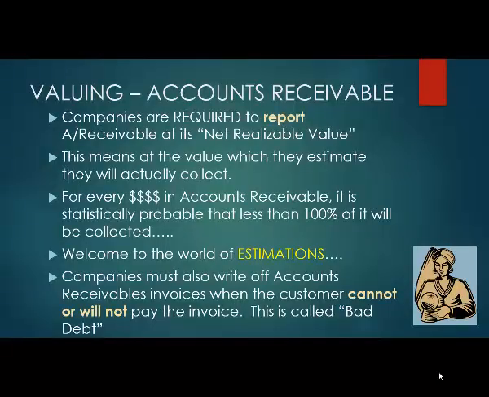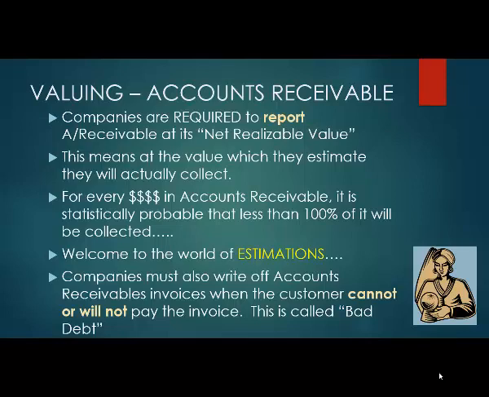This concept of valuing accounts receivable means that companies must report accounts receivable at something called net realizable value, which means at the amount that they believe, they estimate, they will actually collect. Companies estimate many things, and the actual amount of accounts receivable that it will collect is one of them.